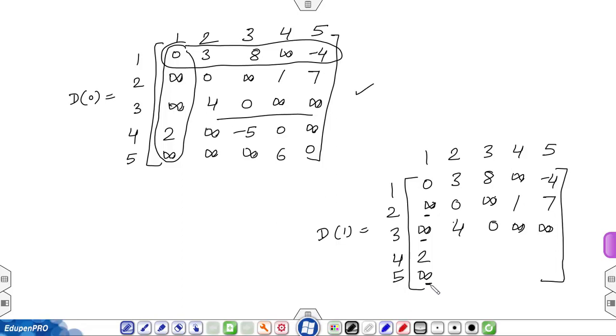The last row also starts with infinity, that's why these values are the same: infinity, 6 and 0. Now the fourth column, this one, contains infinity as the starting value, so that also remains the same: 1, infinity, 0, 6. The rest are already there.